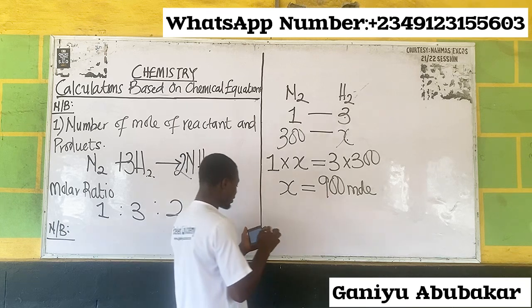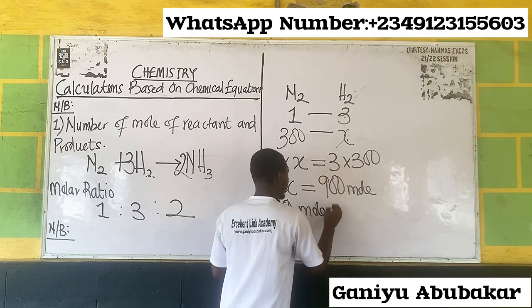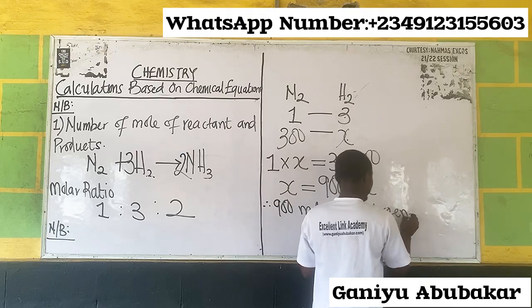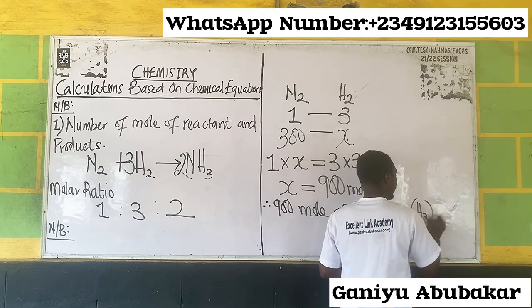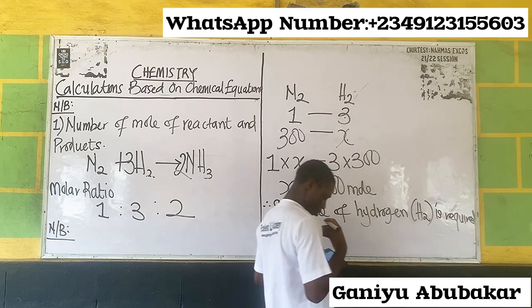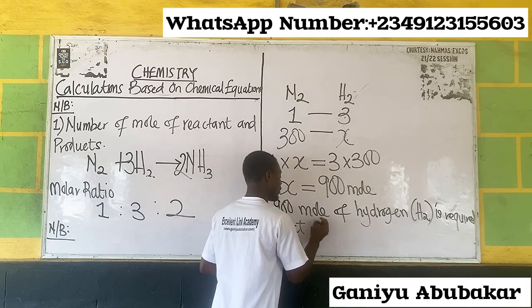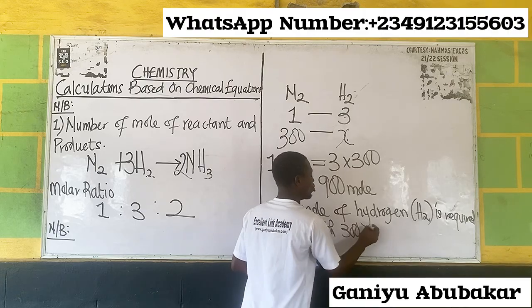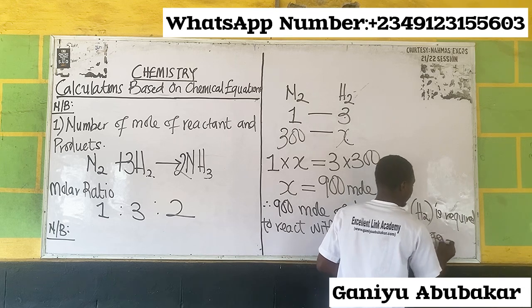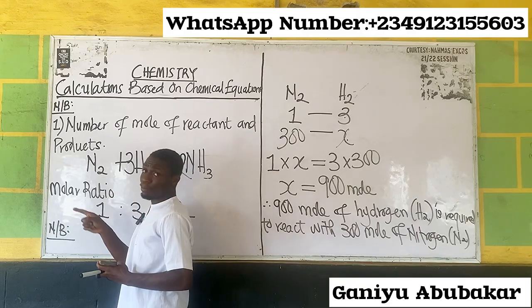Therefore, 900 moles of hydrogen, H2, is required to react with 300 moles of nitrogen, N2.